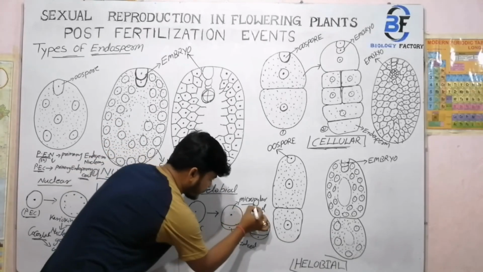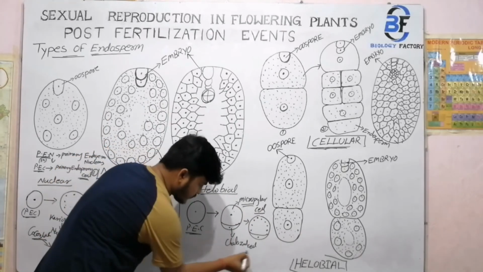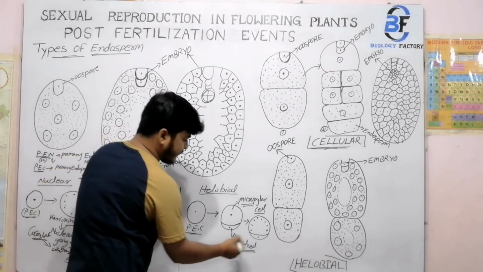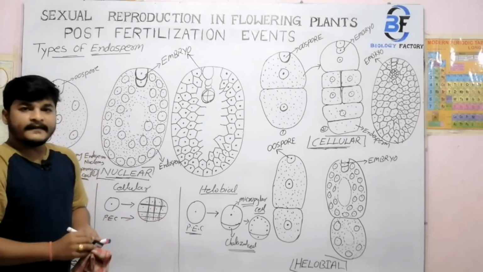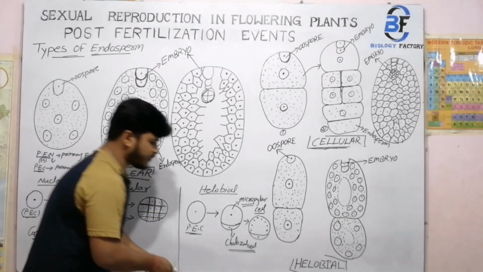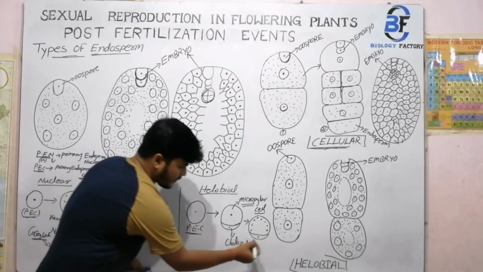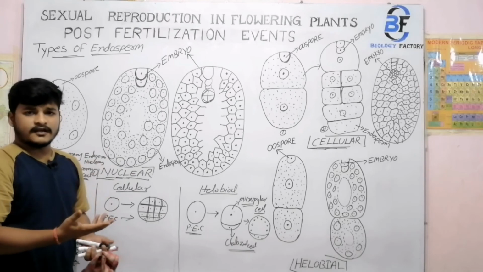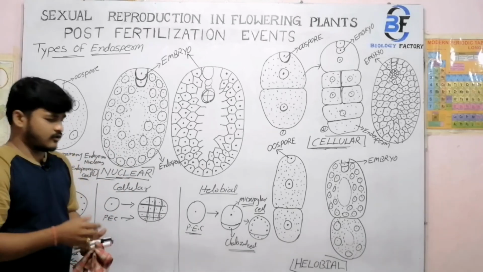The bigger part is known as the micropylar cell, and the smaller part is known as the chalazal cell. Next, the micropylar end is going to divide into several nuclei. That means a number of nuclei are found here. But in the chalazal end, maybe 1 to 2 nuclei are going to form. In some cases some nuclei are formed, and in some cases nuclei are not formed.